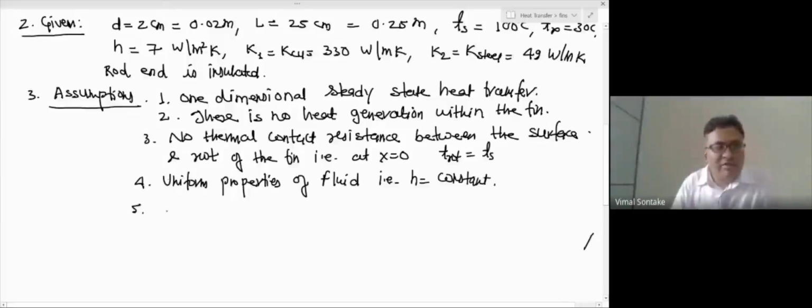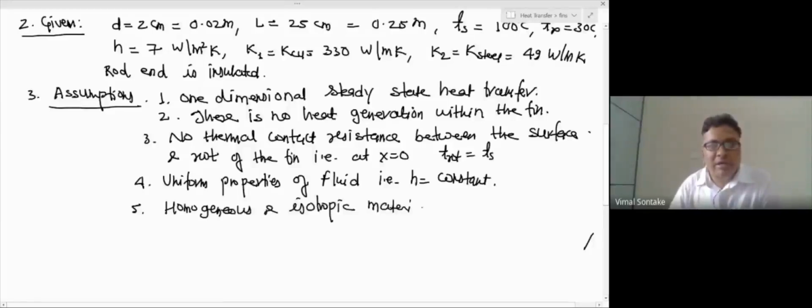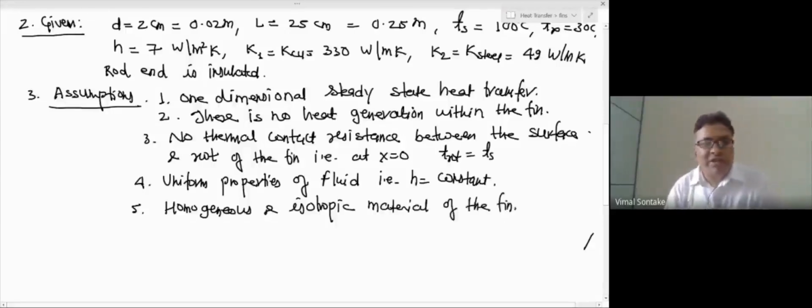Assumption number 5, homogeneous and isotropic material of the fin. So 5 assumptions are sufficient. You can add, if you remember, you can add so many assumptions. But what I feel, 5 assumptions are to be written.